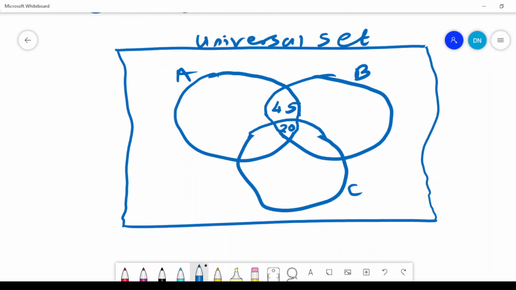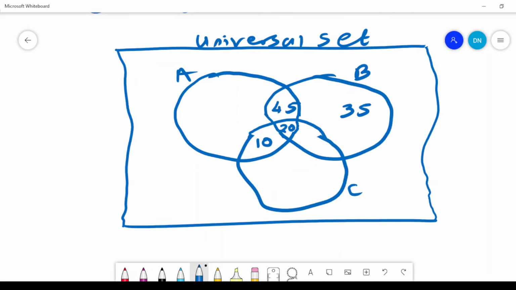Then we are told that 35 watched only station B. And 10 watched station A and C, but not B.